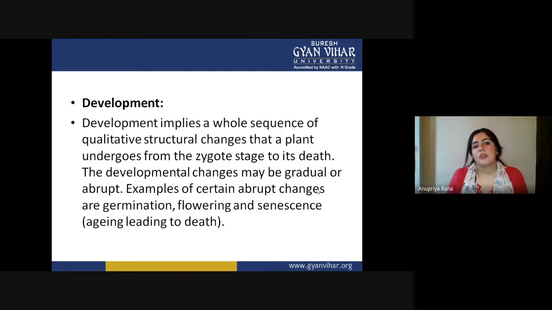Now, a new term here is development. You have also seen that growth and development are different things. Growth happens very fast when we are initiating something, like the seedling effect, the sprouting effect, or germination. At that time, growth is very high.